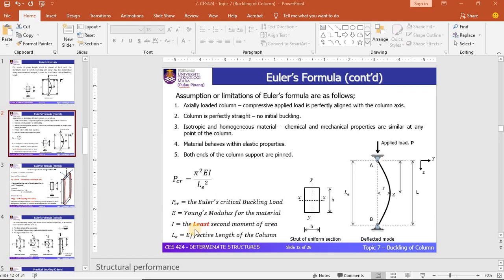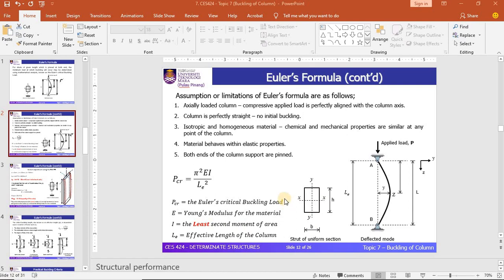There is no issue with circular and square columns, but for a rectangular column you need to choose the least value of I. In the cross section of a rectangular column, there is an x-x axis and a y-y axis, so I must be based on the least value from these two axes.